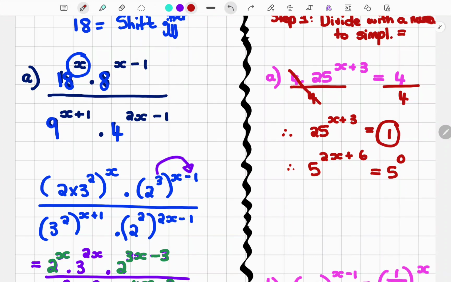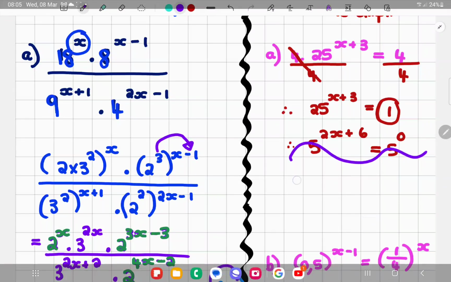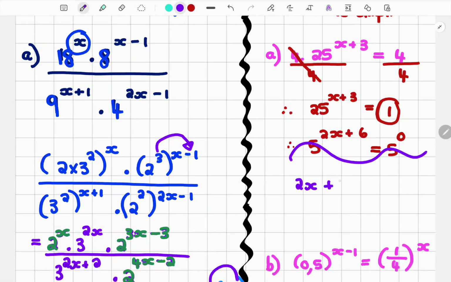So just remember that if you get 1 on the other side, you can make it a product of its primes that is the same as the one on the other side. Not similar, the same. Now, you can say, I drop it like it's hot, and then you equal the exponents to each other. So 2x is equal to negative 6, so x is equal to negative 3.